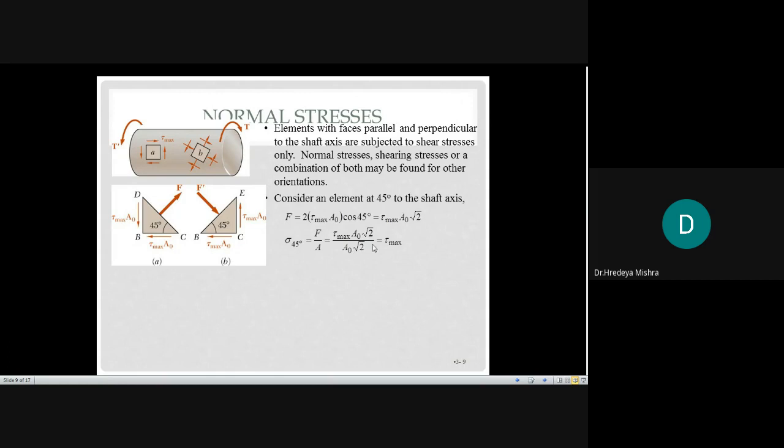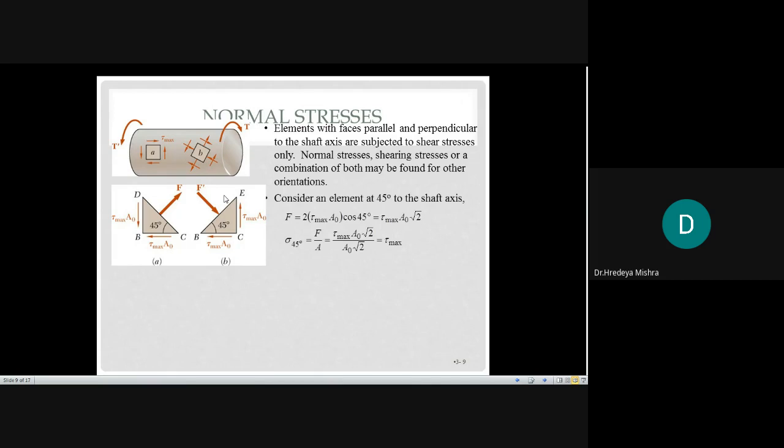A naught and root 2 cancel out. So what is the value of stress at the 45 degree angle? It is the maximum tau max. We get the same value for the normal stresses.